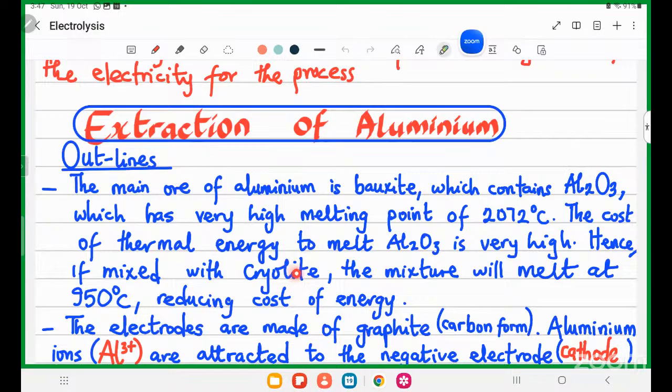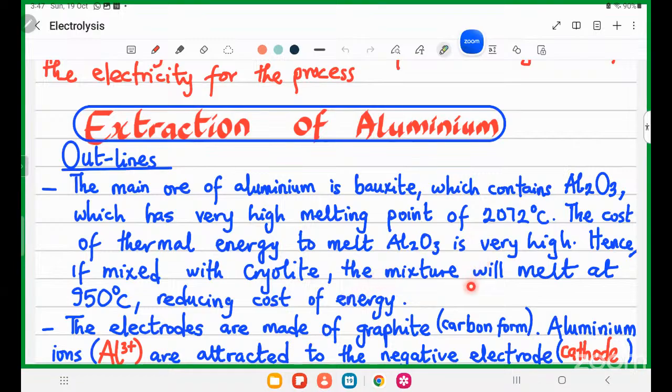Why are we combining cryolite with bauxite? The reason is to reduce the melting point of the bauxite, instead of heating to a very high temperature that will consume high energy.